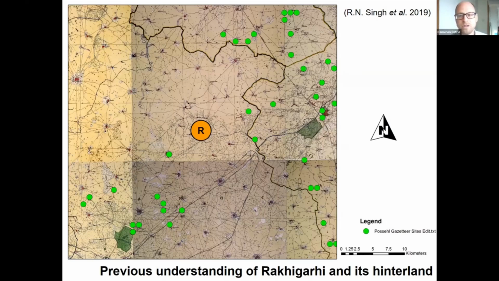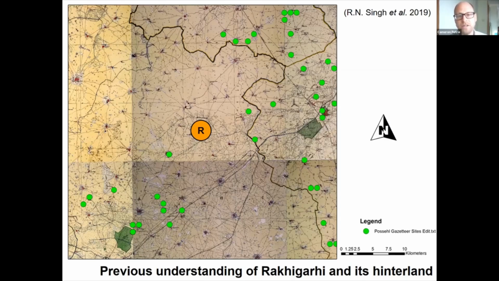The more solid dark lines that zigzag across this map delineate the boundaries between different administrative districts. And you can see that there are two districts on the right-hand side of this map that have been surveyed much more extensively than the areas on the left-hand side. So already you can see that there's been an impact on where surveys have been undertaken and what we actually know about the archaeological evidence.